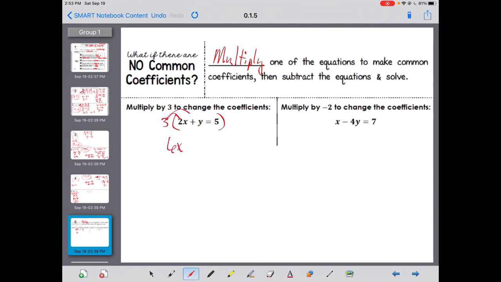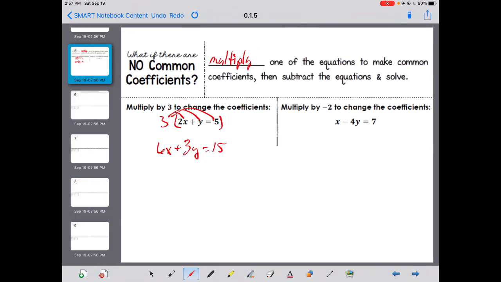So 3 times 2 is 6x, 3 times y is 3y, 3 times 5 is 15. So what we're doing is we are not just changing the signs of everything, but we're going to change the signs and the values so that now the coefficients of at least one of the variables are going to line up with the same number, and they'll have opposite signs. So when we combine them together going down, one of the variables eliminates.